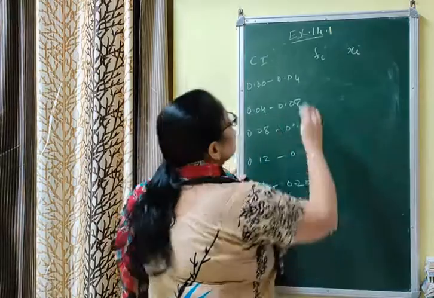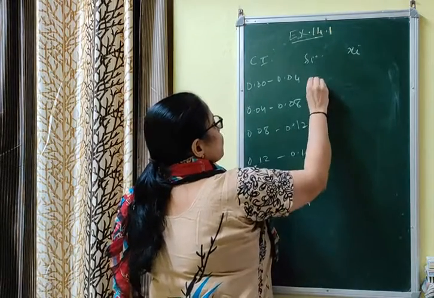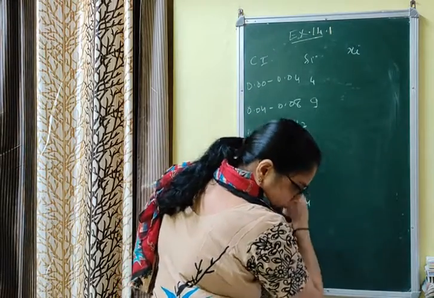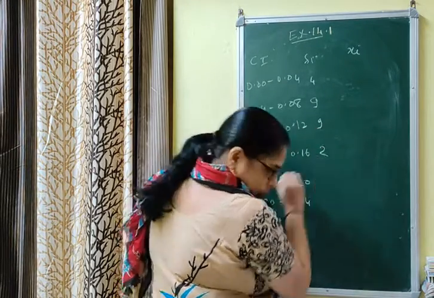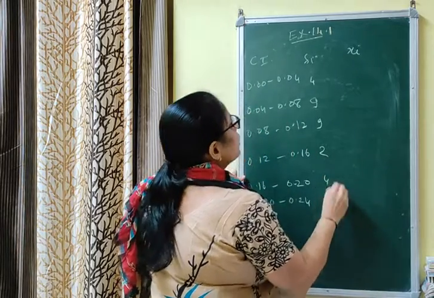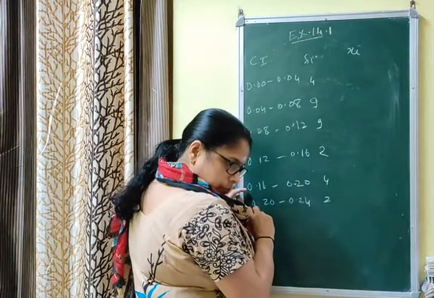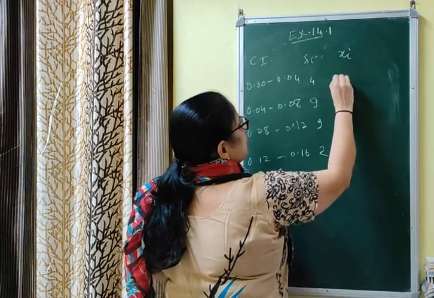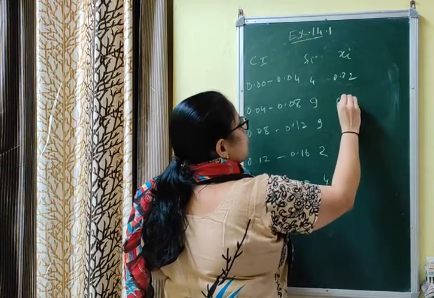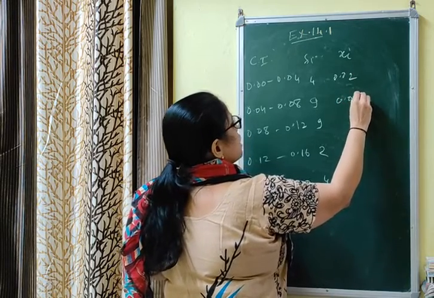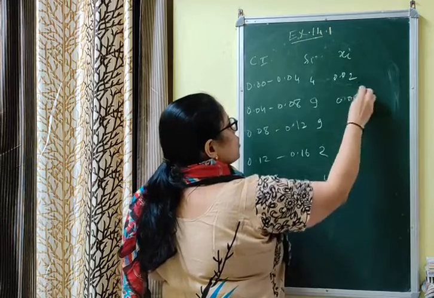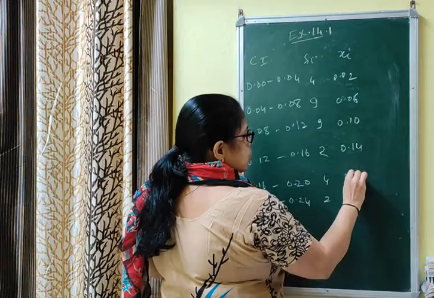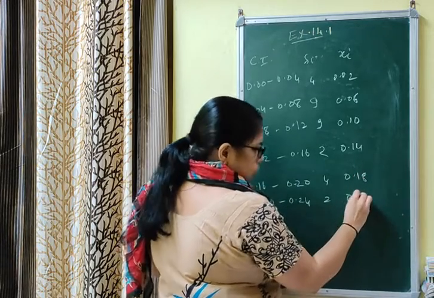So again I am writing frequency as 4, 9, 9, 2, 4, 2. Now I am writing the class marks. I'm shifting to the left side. 0.02, 0.06 because class gap 0.04 has to be added, 0.10, 0.14, 0.18 and 0.22.